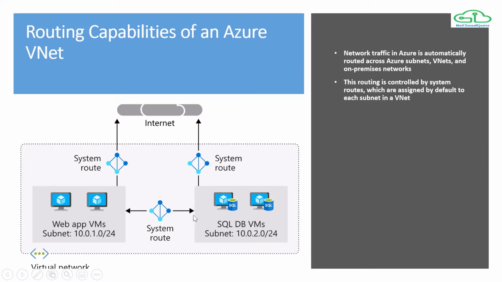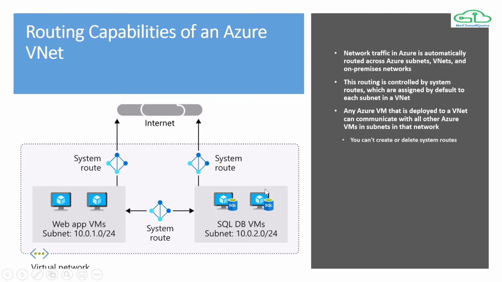By default, system routes are assigned to these subnets, and they have default routing enabled. Any Azure virtual machine deployed to these VNets can communicate with all other Azure VMs in the same virtual network, in all the subnets.